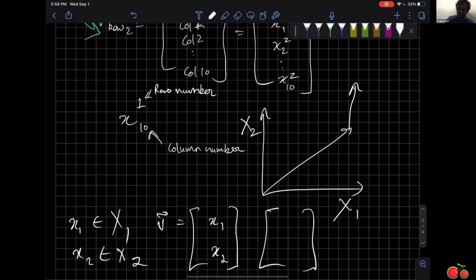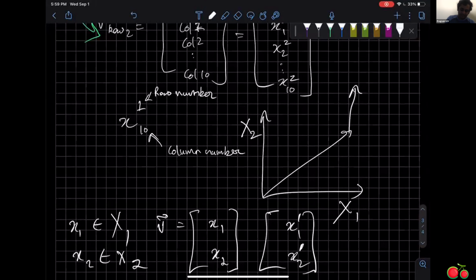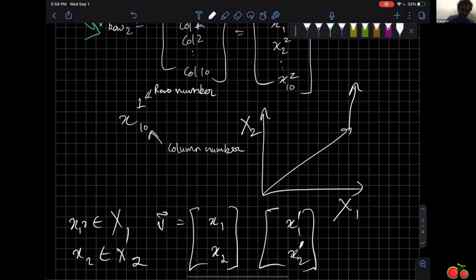I have another vector, x1 dash, x2 dash, and x1 dash is an element of, part of, x1. What this symbol means is 'part of'.